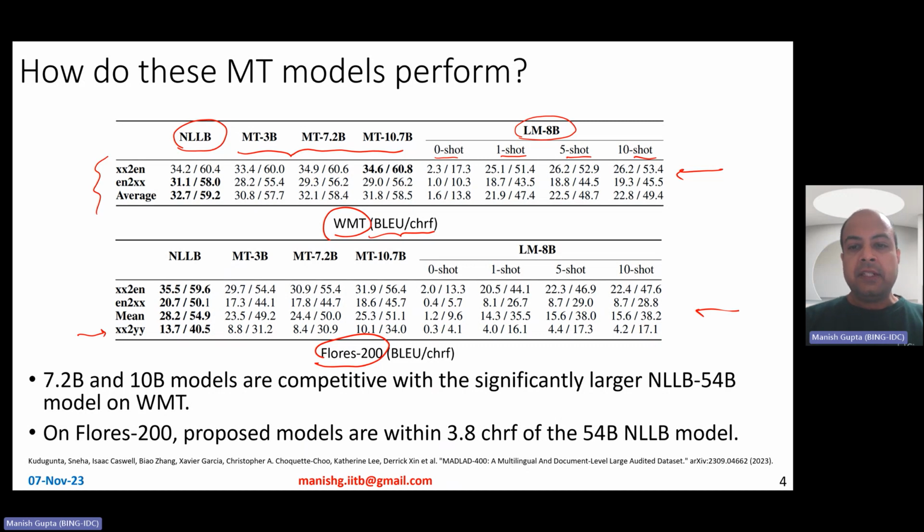Okay. So what do you see here? You basically see that the 7.2 billion and 10.7 billion models are competitive with the significantly larger NLLB model. This NLLB model is actually a 54 billion parameter model, although it's not mentioned here. If you see these numbers, they are very competitive compared to those numbers.